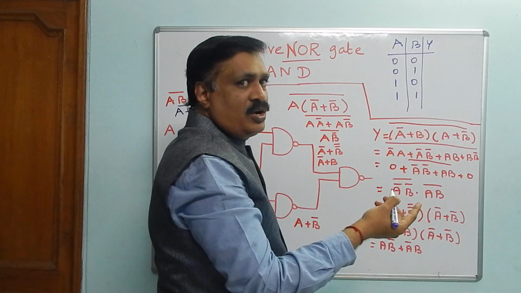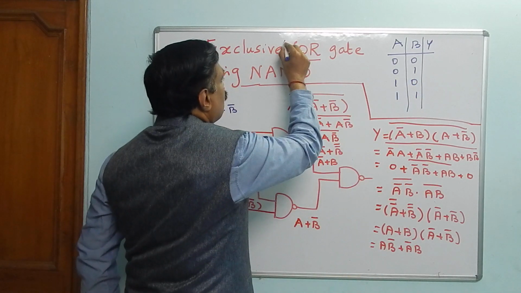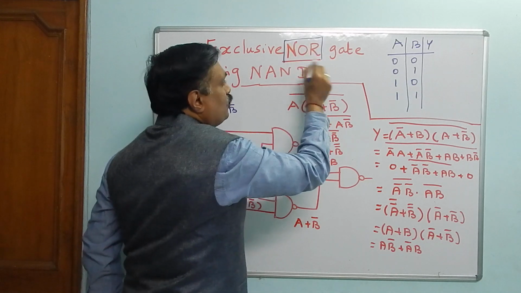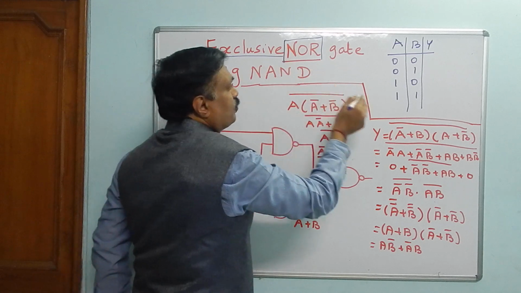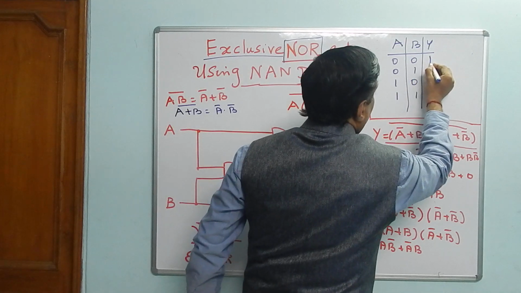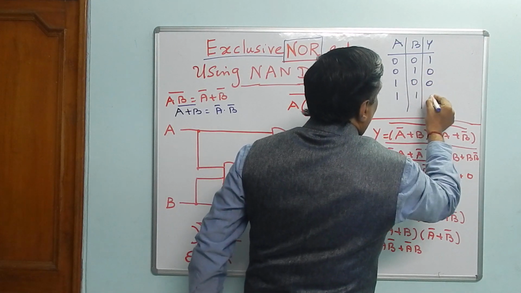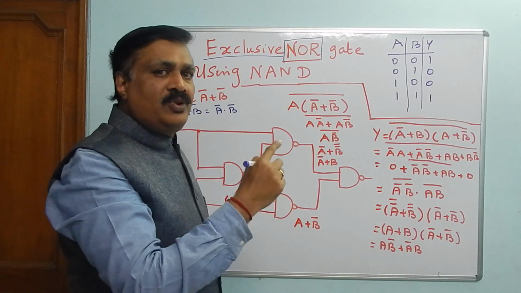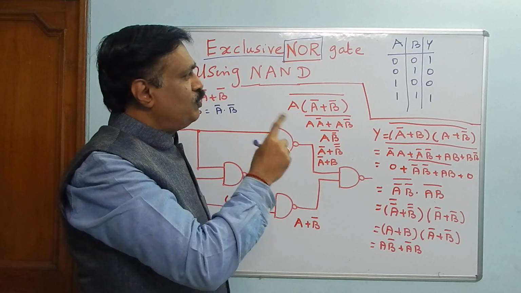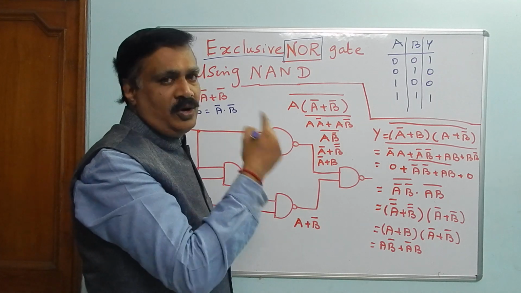Now the XNOR gate, the exclusive NOR gate, produces one here and one here. When both the inputs are same, then you get an output.